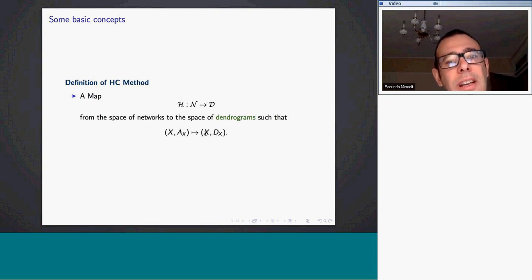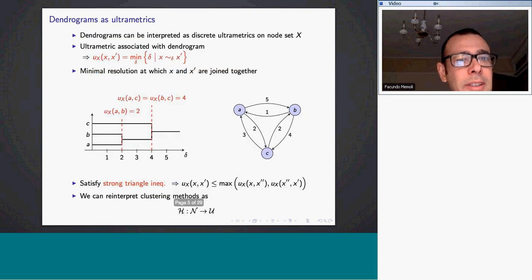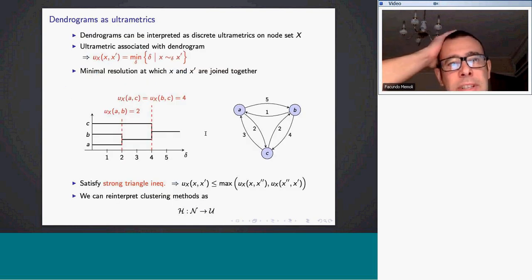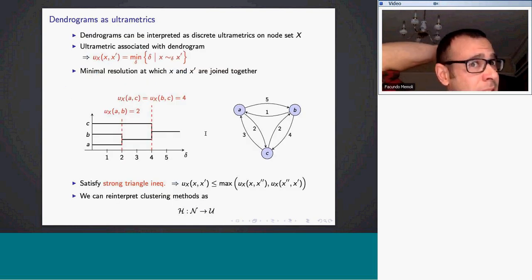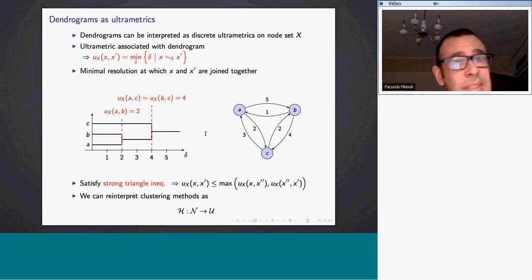Dendrograms are useful for visualization, but they're not so useful for proving technical properties of the methods. So we represent dendrograms as something called ultrametrics. An ultrametric is a metric which satisfies something called a strong triangle inequality.